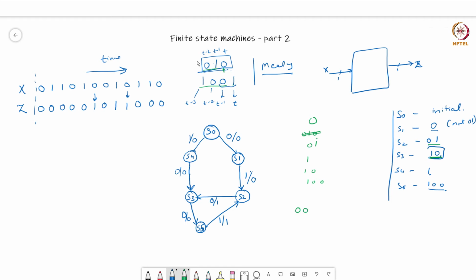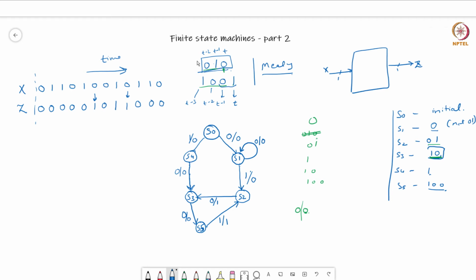Out of this 0 0, the only meaningful thing is that we can discard one part and say it is still 0. So we mark it as back to S1. If it is 0, the output would be 0.